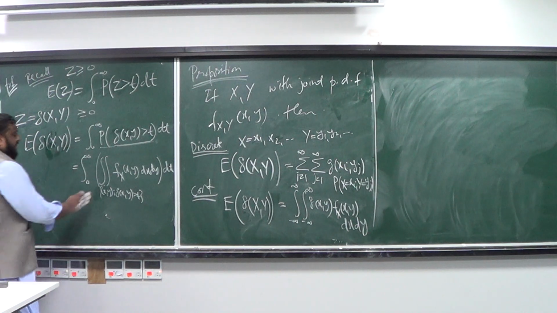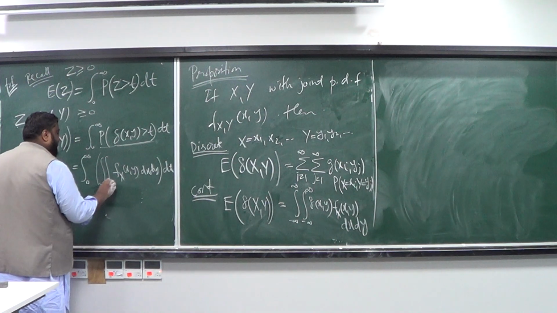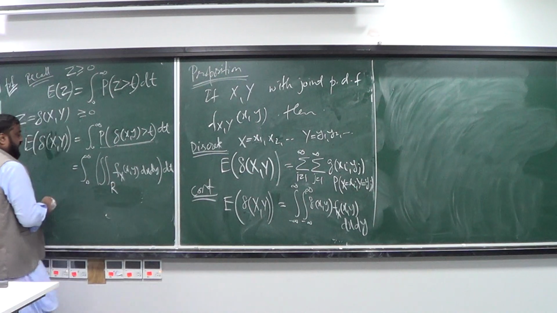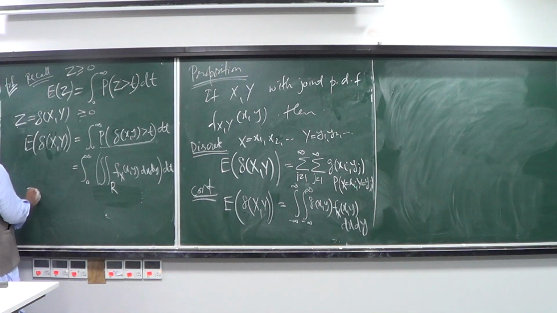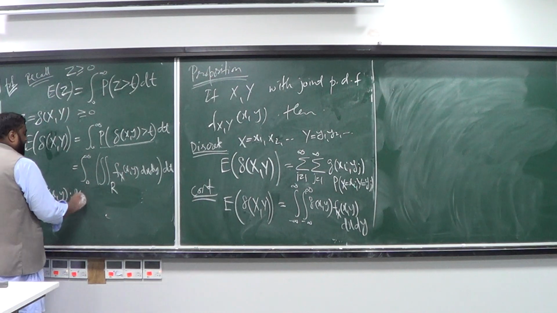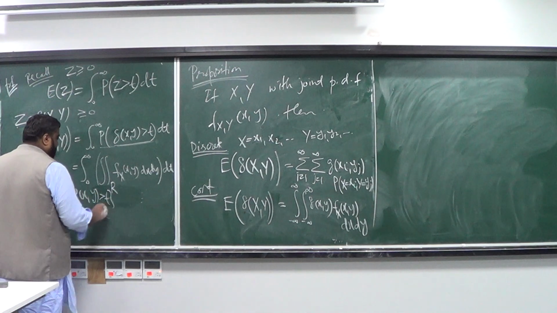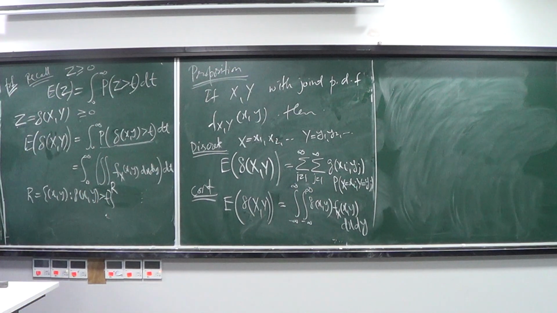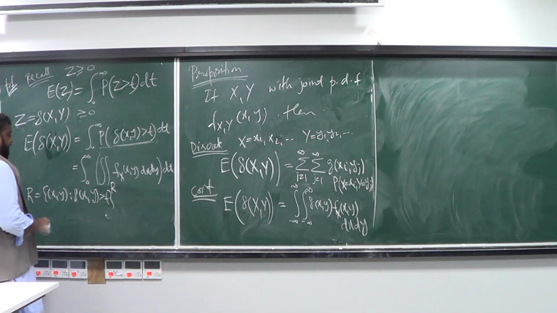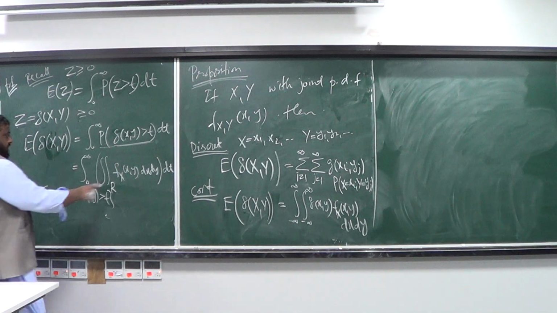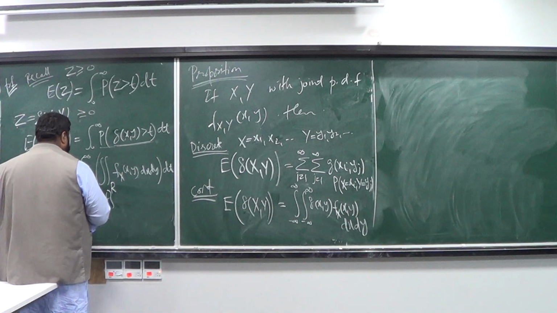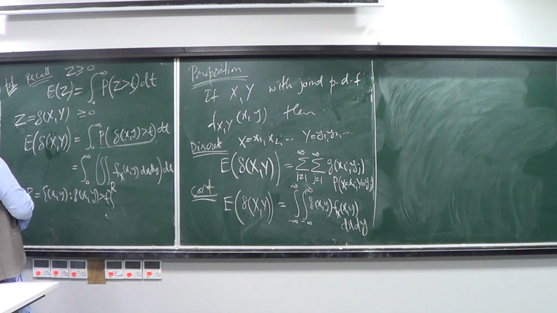Maybe I can write it explicitly: if I call this region R, integrating over the region R, then the region R is the collection of the ordered pairs such that g of xy is bigger than t. So this is dx dy over the region R.